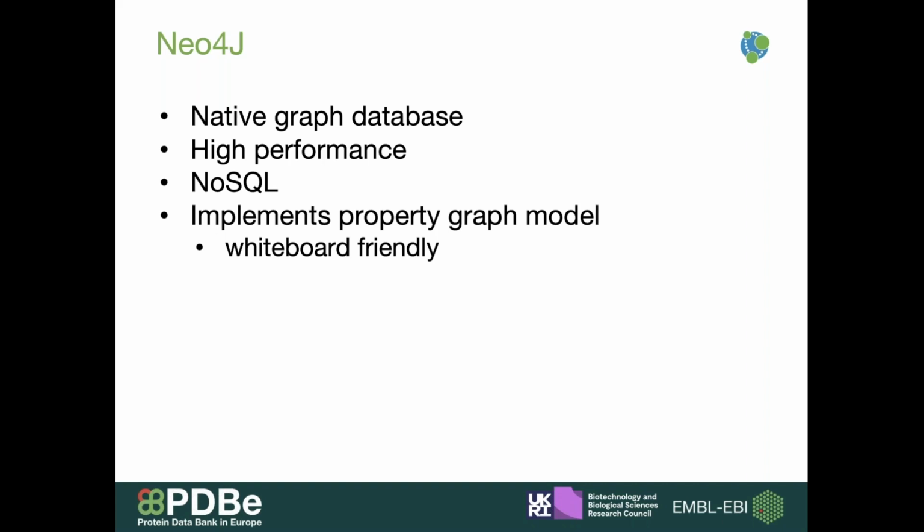It delivers consistent and real-time high performance on large interconnected data. It is a NoSQL database which doesn't use the traditional tabular structure for storing data. Neo4J implements the property graph model which we discussed, and it is whiteboard friendly.